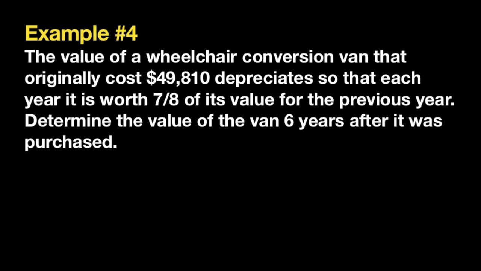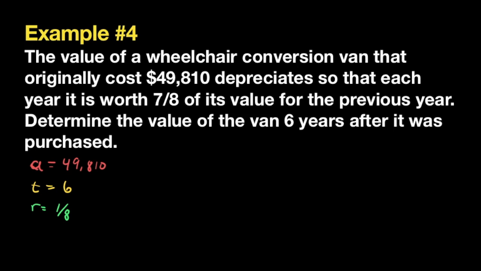So your initial amount is going to be 49,810. Then we know that this is going to be taking place over 6 years. The amount that is depreciating is actually an eighth. So it's dropping an eighth of the value.